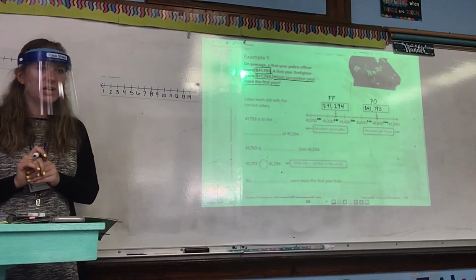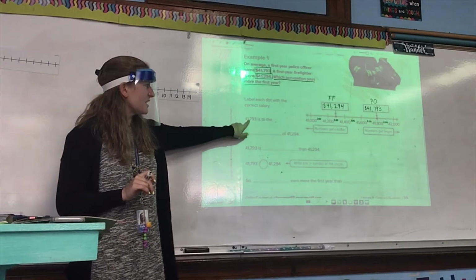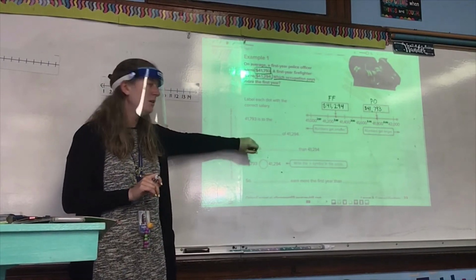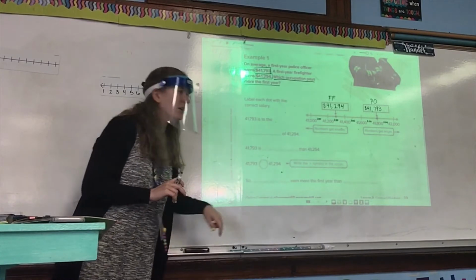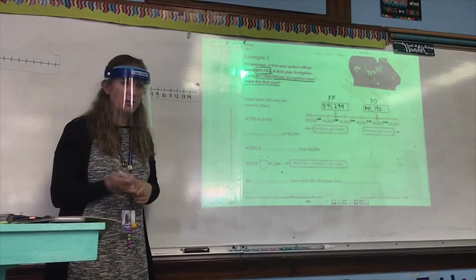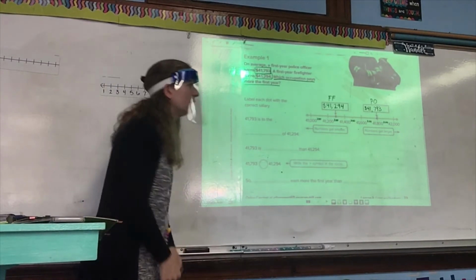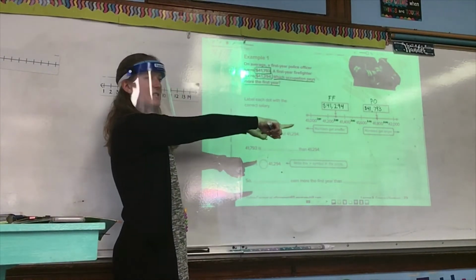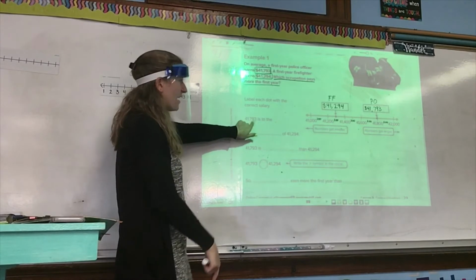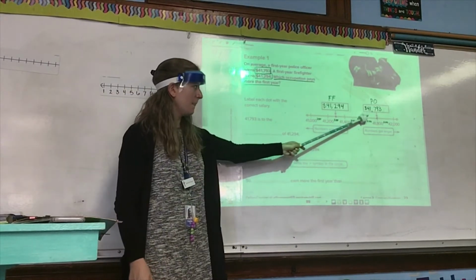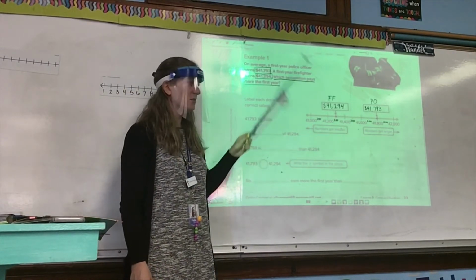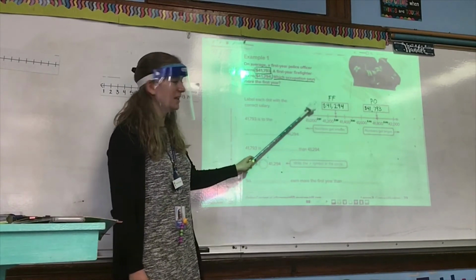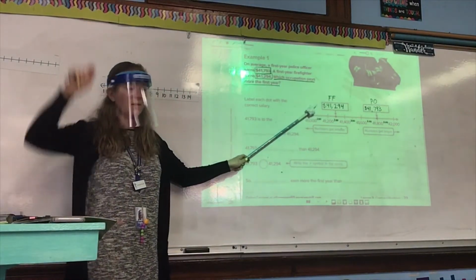So now let's look. Is 41,793 to the left or to the right of 41,294? Remember, left is this way, right is that way. So is 41,793 to the left or to the right of 41,294?